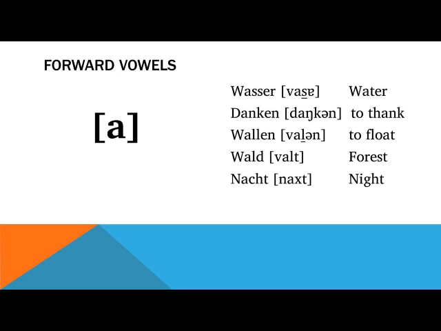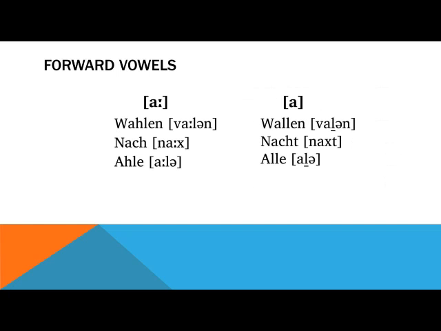Earlier we talked about how the duration of the vowel can affect the meaning of the word, and here we have some examples that show words that have similar sounds except for the difference in vowel length. On the left side we have the long ah, and on the right we have the short ah. So I'll start on the left and go to the right.